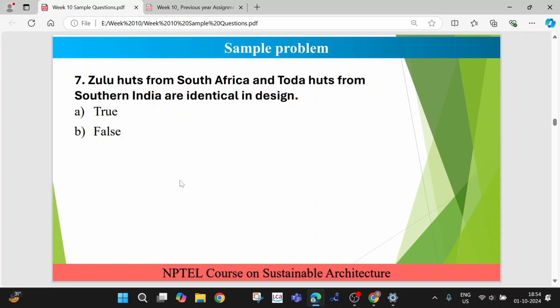The building material is similar, as they use local materials in the construction of both houses, but due to their unique culture and the environmental adaptation of the particular region, they construct them separately with the same construction material. They are not completely identical.